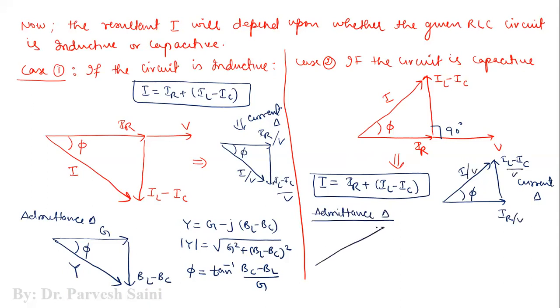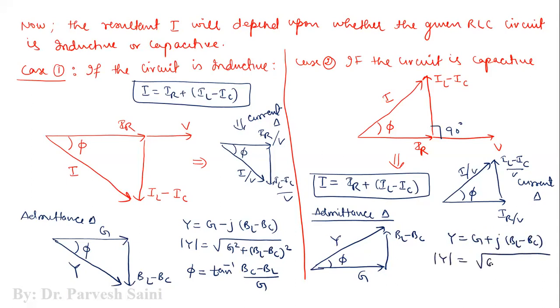So we have IR by V is G, and this is BL minus BC, which is positive in this case now. And this is angle phi, and this is the admittance. So admittance in this case is G plus j(BL minus BC), right? So the magnitude is under root G square plus (BL minus BC) square. And the phase difference is tan inverse of (BL minus BC) divided by G.